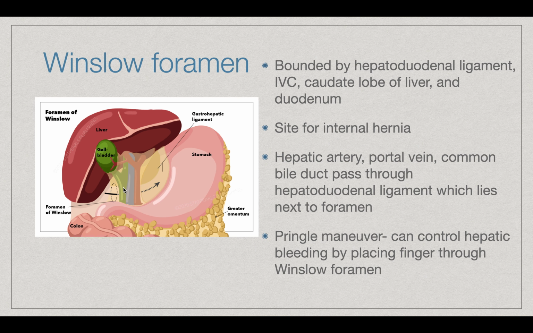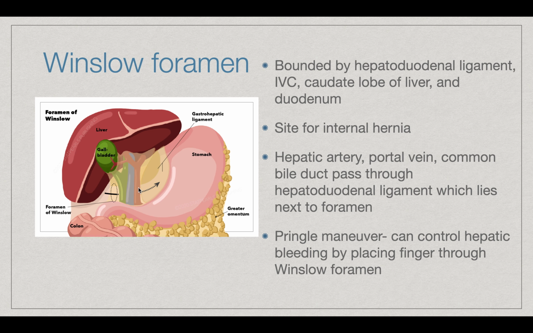The foramen of Winslow goes behind, as you can see, the hepatoduodenal ligament. It's a potential site for internal hernia, but more importantly, it's a good landmark to find the hepatoduodenal ligament.